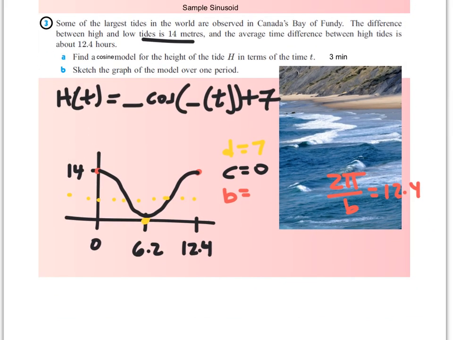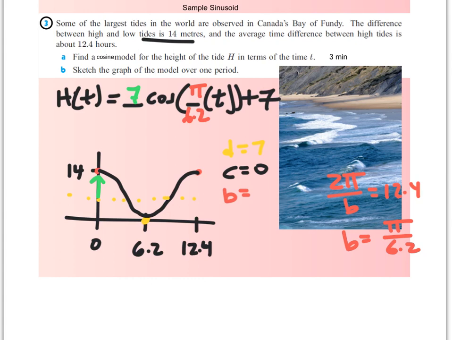So I think what I'll get, and you can check my work, is pi over 6.2. So pi over 6.2 is B. And A is going to also be 7.